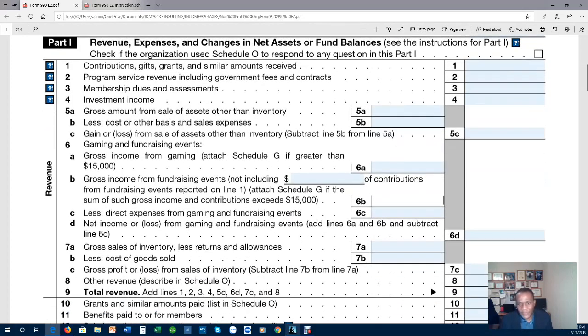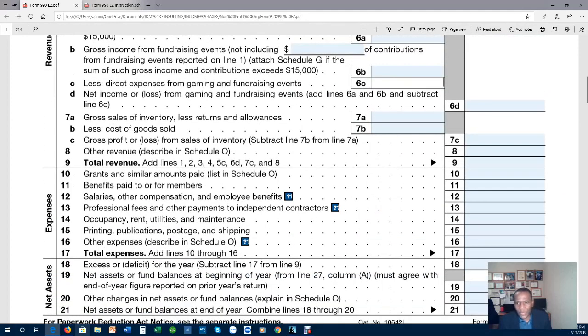Then also there may be expenses related to your gaming or fundraising activity, and in that case you are able to reduce the amount of fundraising by the expenses related to that, and then you will have either a net loss or a net income from that activity. Gross sale of inventory less returns and allowances.